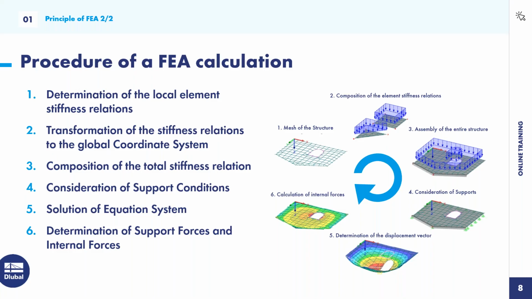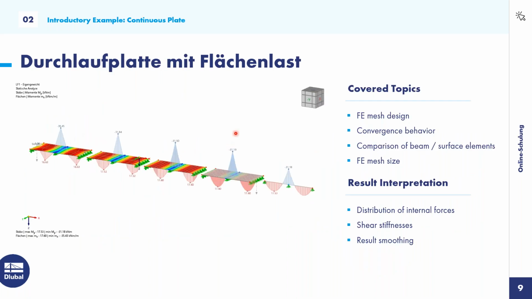Okay, so this will be our example. We will model together 4 surfaces. They are lying in parallel, and then we add also another beam element, and then we cover these topics.